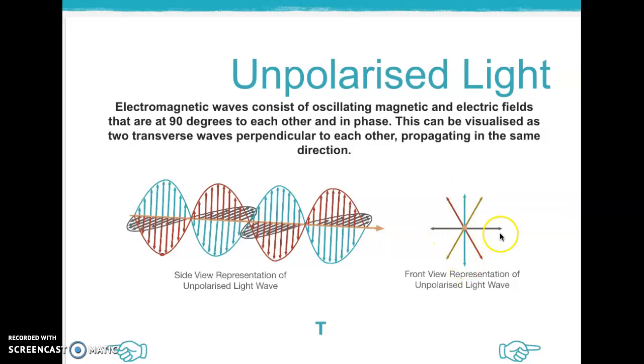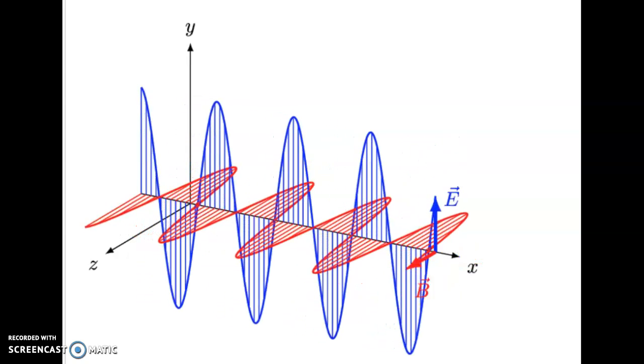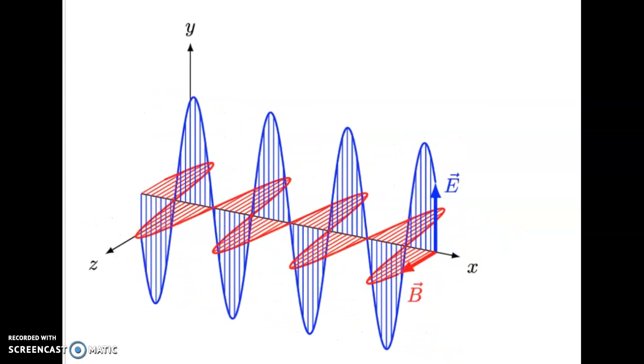That would be your magnetic and your electrical fields, right? So we can represent it this way. An electromagnetic wave then would be horizontal and vertical waves traveling together. Something like this. So that's what an electromagnetic wave looks like.